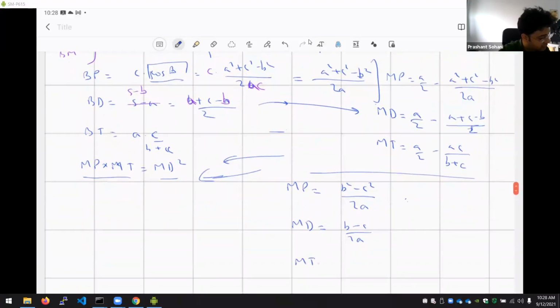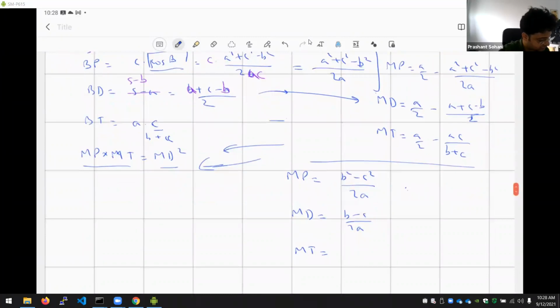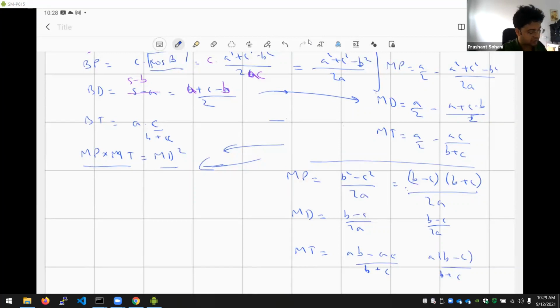And MT is equal to AB minus AC upon B plus C. Yeah, now in fact this looks a lot more straightforward because there are many things which will cancel out. Okay, I think now can you see the result directly? Here itself I see a lot of things are common.